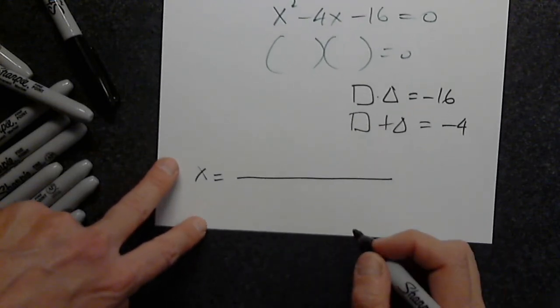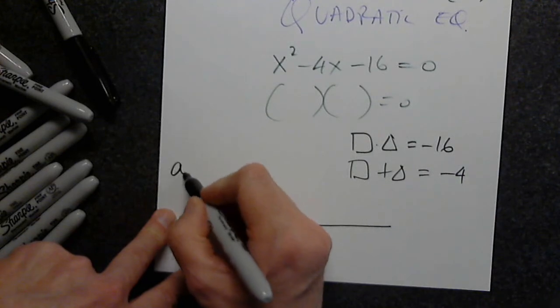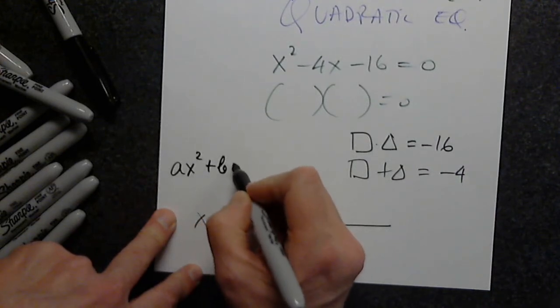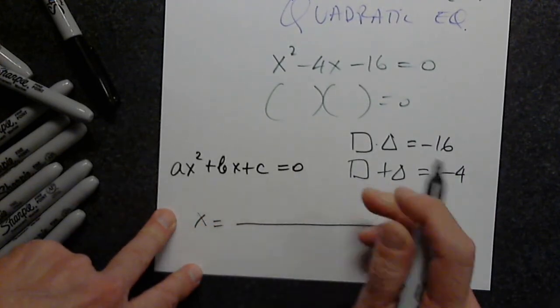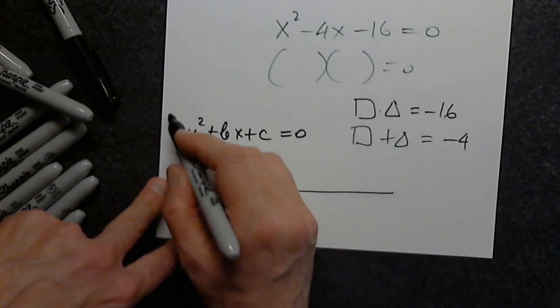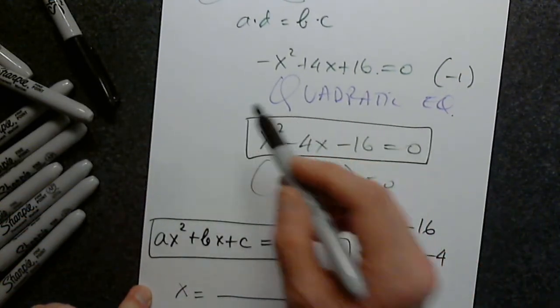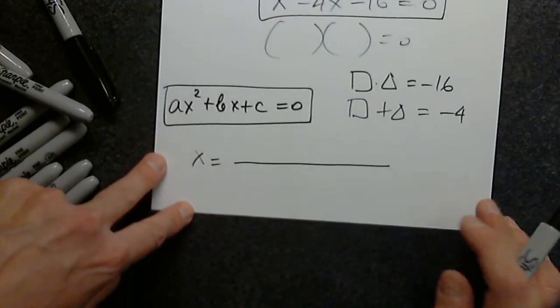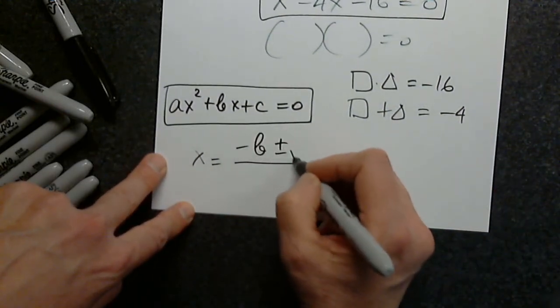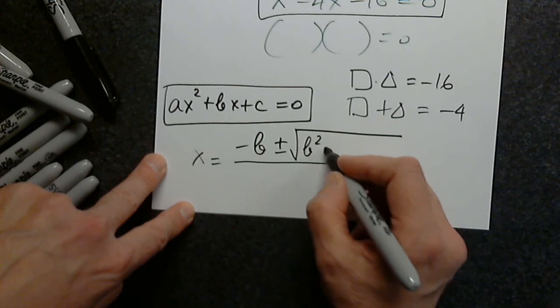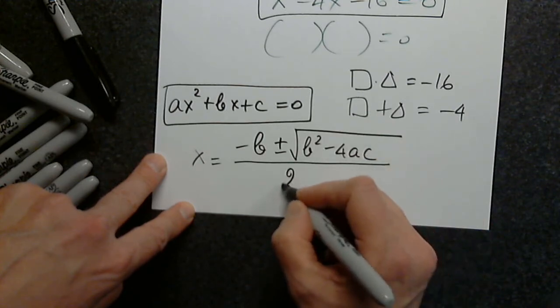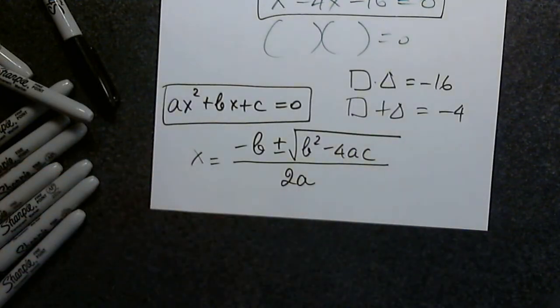Okay, so let me refresh your memory. If we have ax squared plus bx plus c equals 0, only if the quadratic equation is in this format, which it is at this point as you see it, we can write x equals negative b plus or minus the square root of b squared minus 4ac, over 2a. Sometimes in fine print they write approximate or use the exact solution.